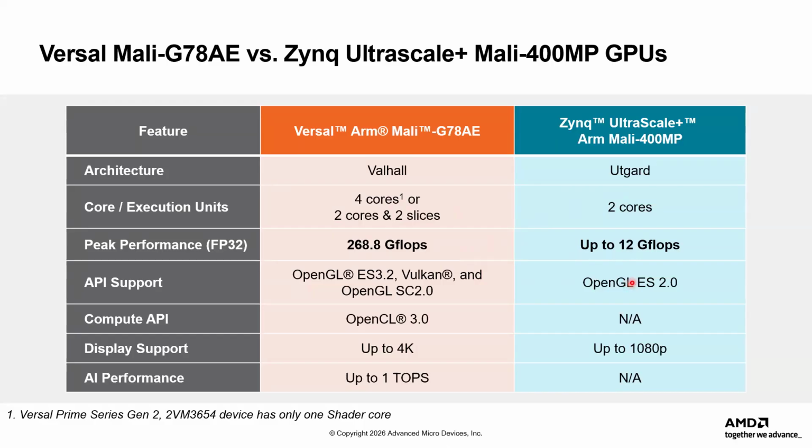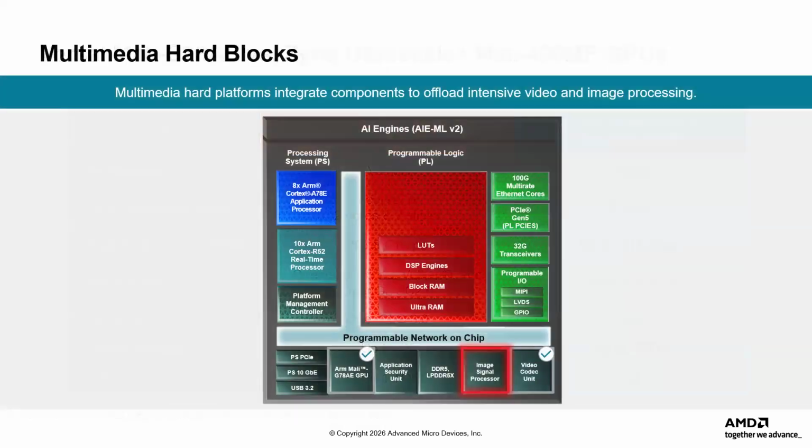Just OpenGL support here, version 2.0. Now more support, OpenGL, Vulkan, as well as OpenCL, which you could not do at all before, up to 4K resolution as opposed to 1080p, and up to basically 1 tera op when you're doing AI performance, something that you really could not measure or quantify with the previous devices.